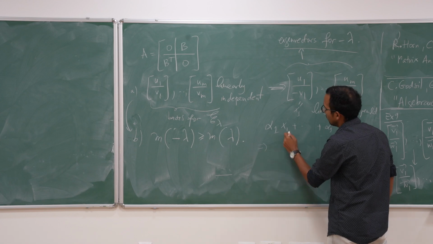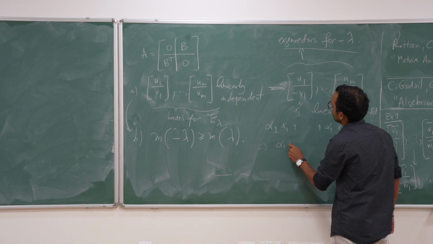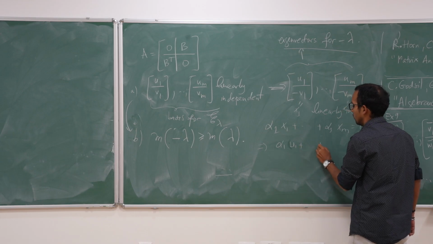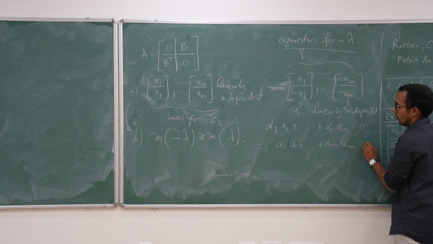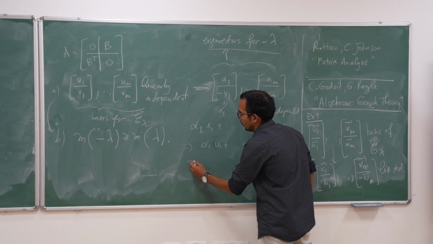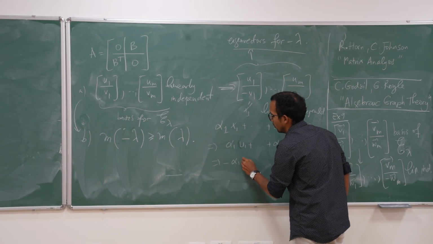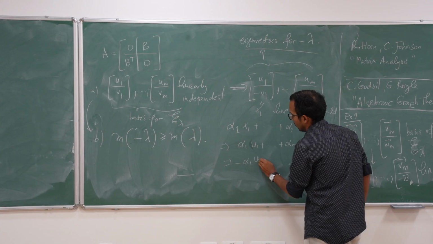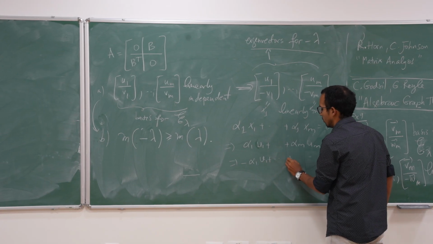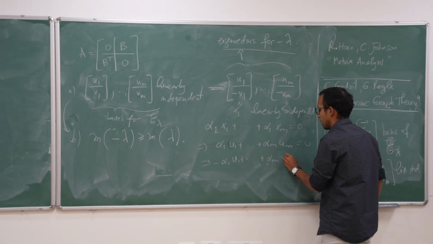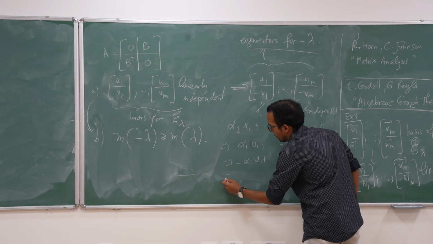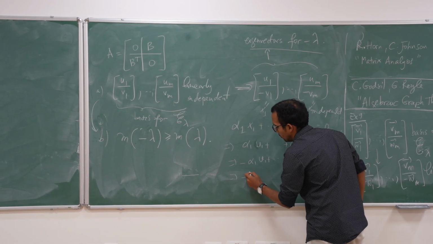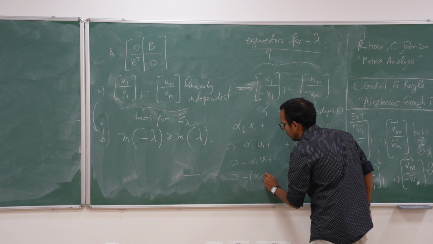From here it will be alpha 1, and from the second this will be alpha 1 beta.